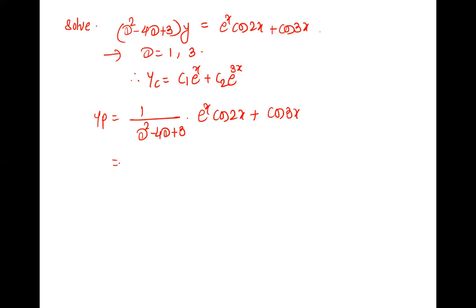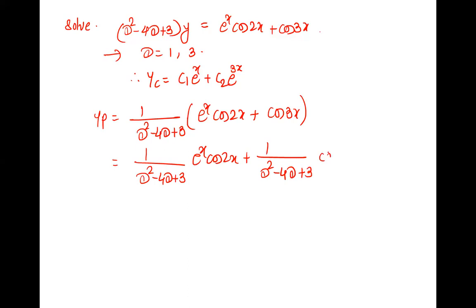How will you separate this? There is addition in between. So can we just separate these two? Yes. So separate like this: 1 upon D square minus 4D plus 3 on e raised to x cos 2x plus 1 upon D square minus 4D plus 3 on cos 3x.